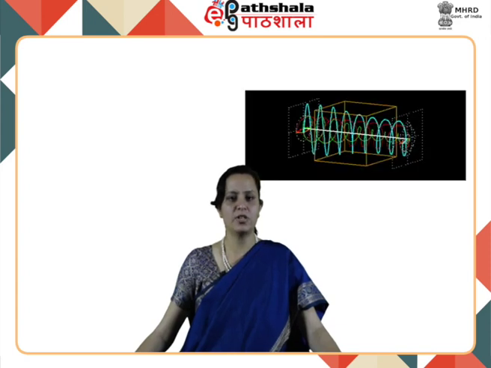The following animation shows what happens when a plane polarized light wave, which is indicated in light blue color, traverses a medium that does not slow down the left circularly polarized component, which is shown in red color, of the wave at all, but slows down the right circularly polarized component, which is shown in green, somewhat.